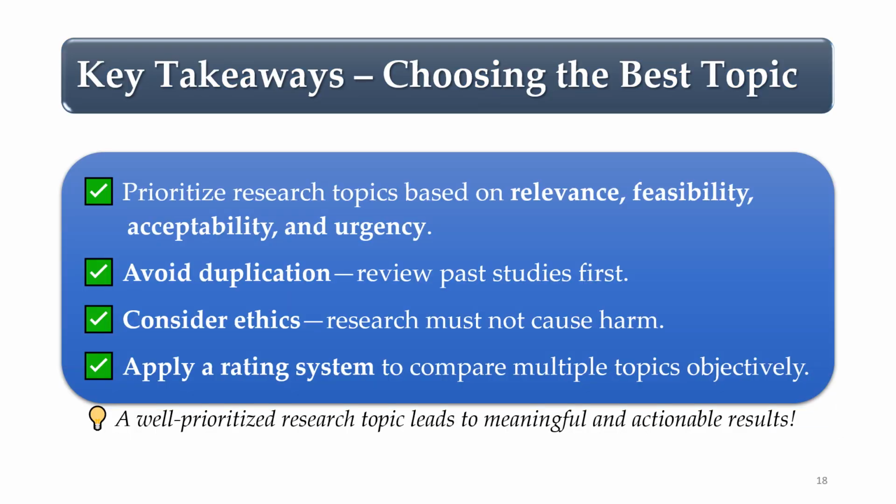So, key takeaways: prioritize the research topic based on the criteria we have talked about. Then avoid duplication. Review past studies first and see that you're not actually duplicating. You must consider ethics. Your research should not harm people.